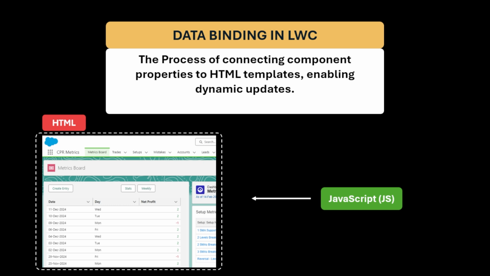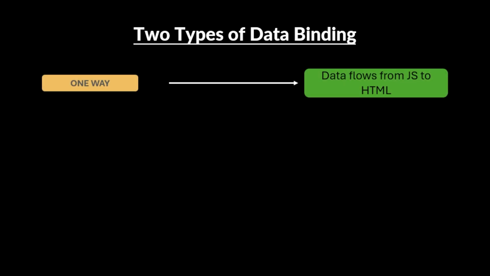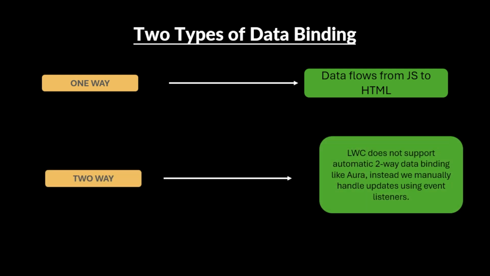In LWC there are two types of binding. The first one is one-way data binding, the other one is two-way data binding. In one-way data binding, data only flows from JS to HTML. In the other way of data binding, we have the data going from HTML to JavaScript as well as JavaScript to HTML.